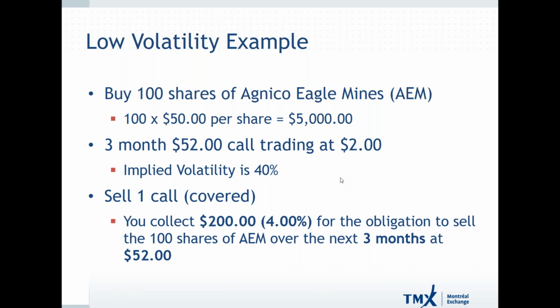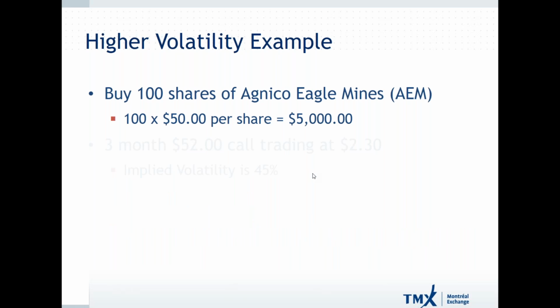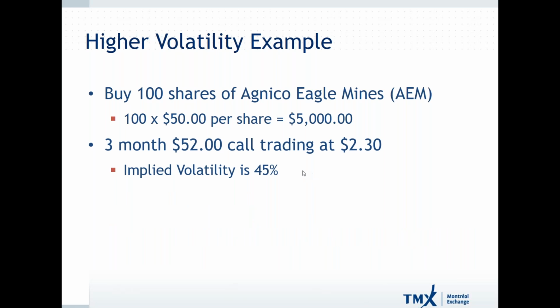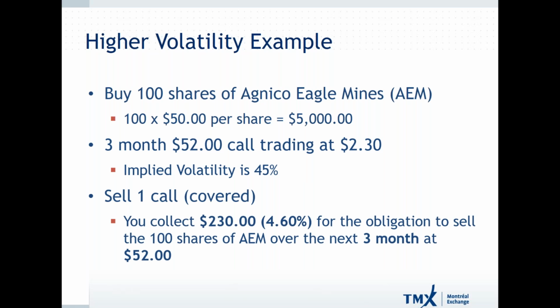But more importantly, what I want you to recognize is that if we went through the same scenario, but in this case implied volatility increased to 45%, so we had a 5% increase in implied volatility, we're actually able to increase our return from $200 to $230, which is essentially just over a 0.5% increase in our return, right?